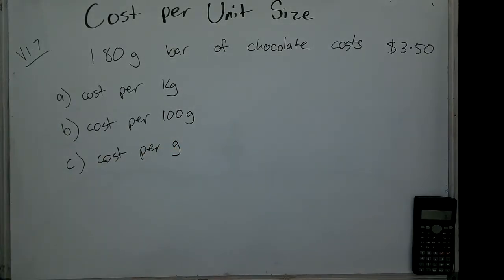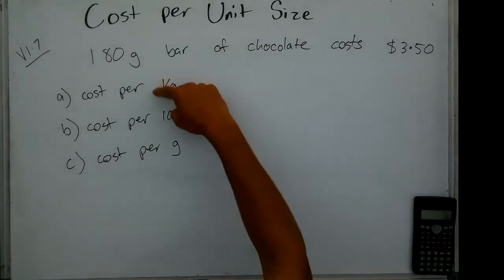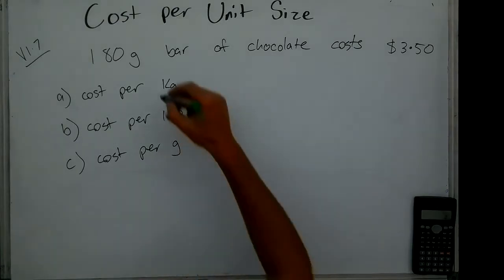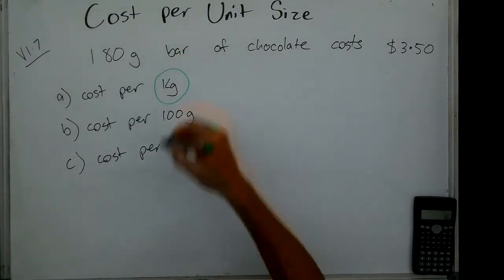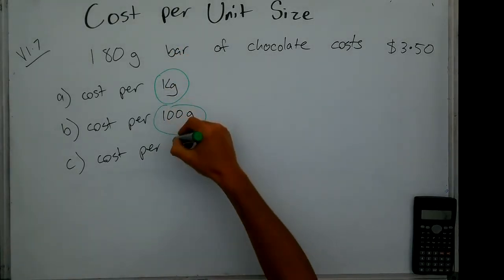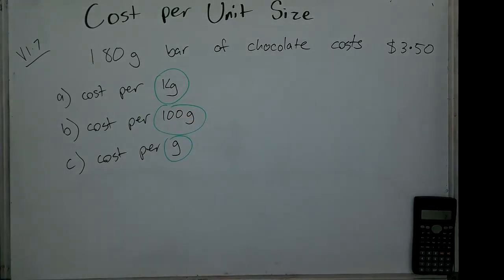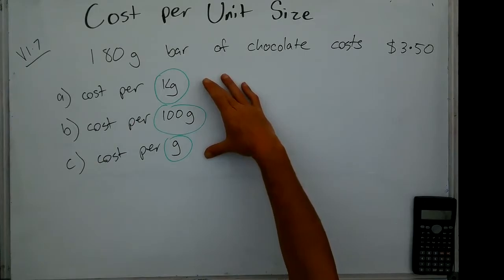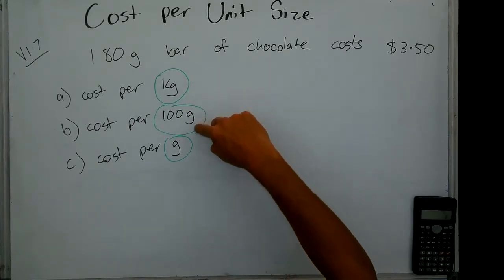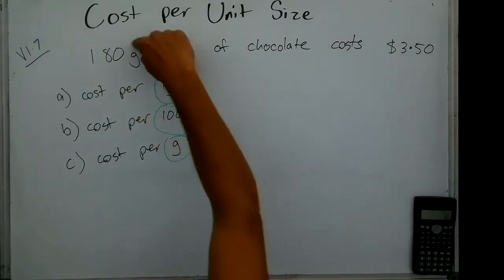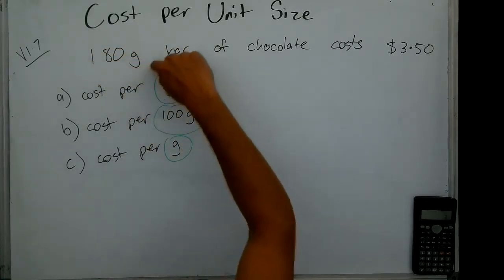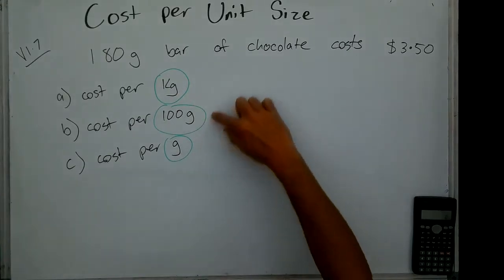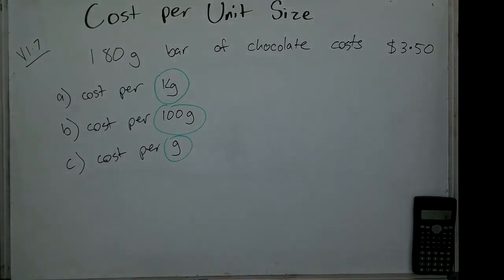So the only difference between these is the cost per these different sizes. And really the maths involved is converting the weight or the size of the product into multiples of these amounts.